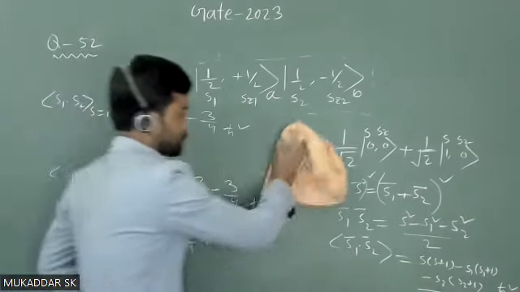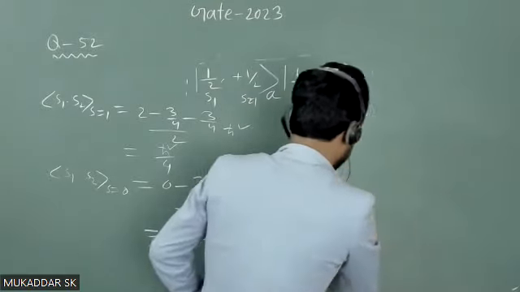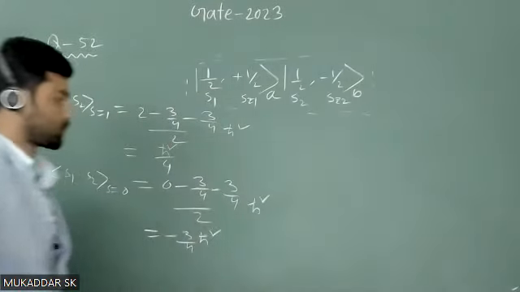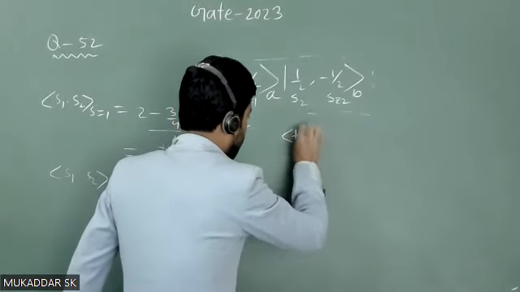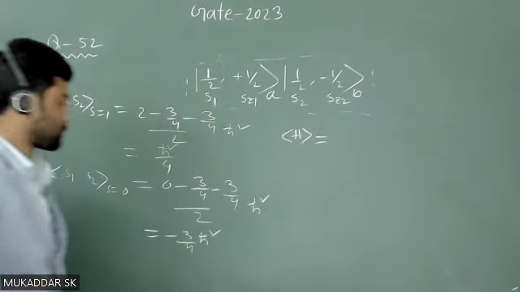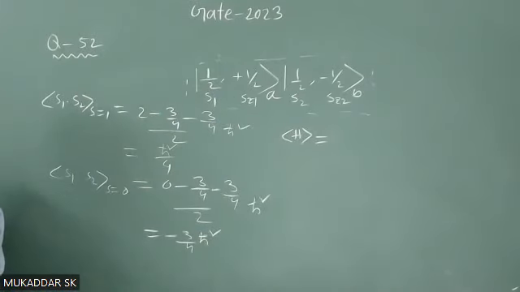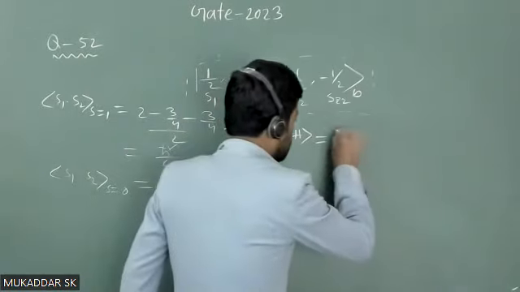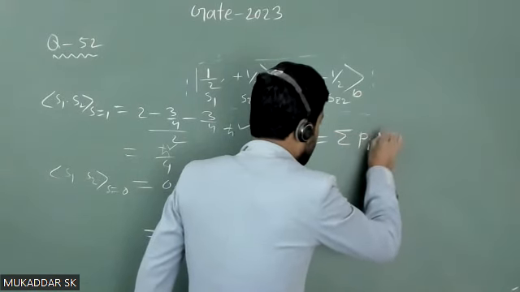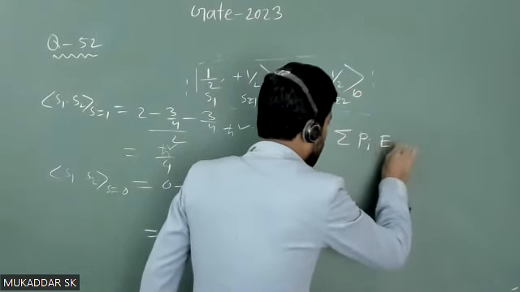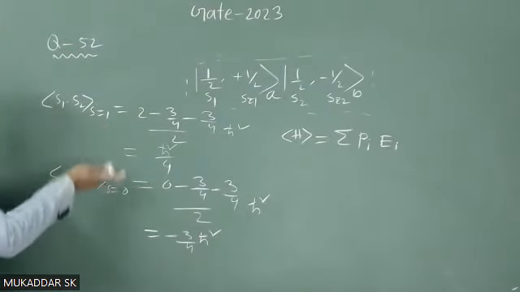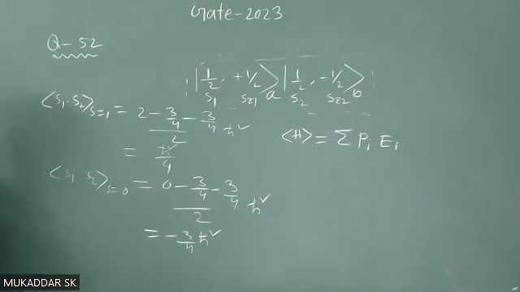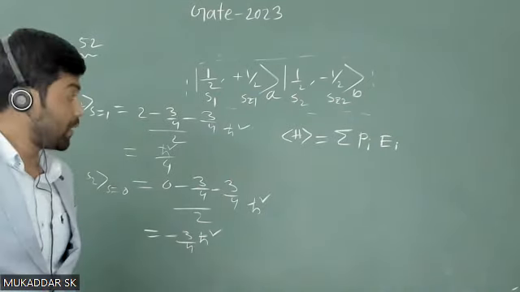Okay, now if I calculate the expectation value of H, I have to use this formula: sum over the probability of the ith state times the energy of the ith state. And we see that the probability of S equals 1 and S equals 0 are equally probable, that is 50% or 1 by 2.